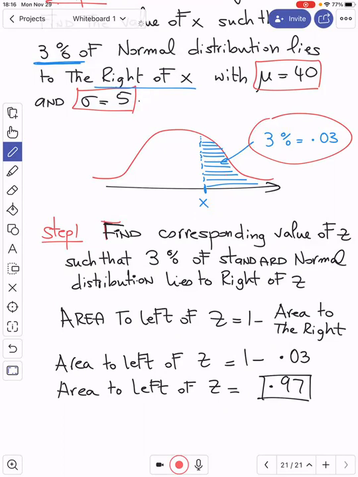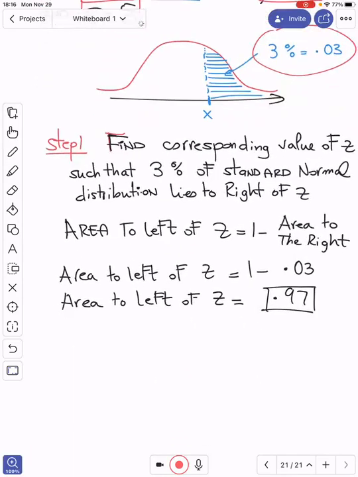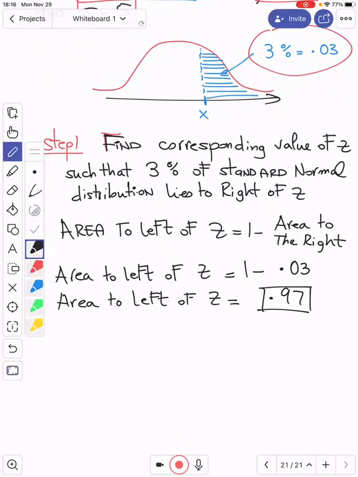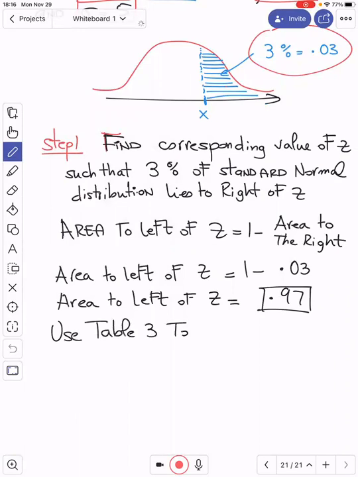So next step, we need to use table 3 to find z. If you take a look at the values in the table, you start with a negative z, of course.